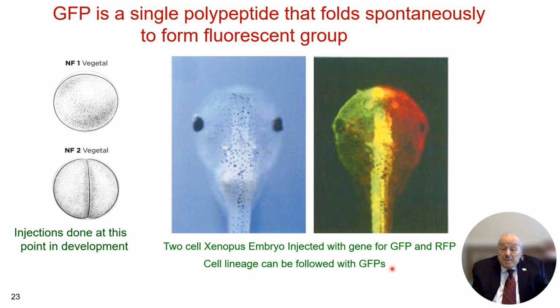And this means in any growing organism, if you can get the GFP gene into one of the earlier cells while the organism is growing, you can follow the lineage of the cells as the organism grows. So you can imagine how useful that is for embryology.